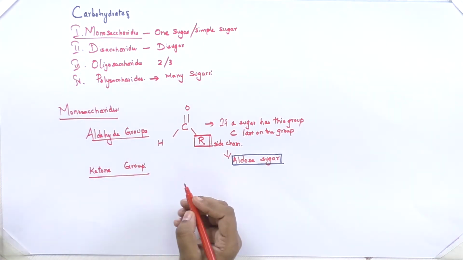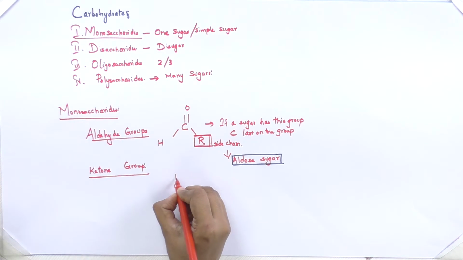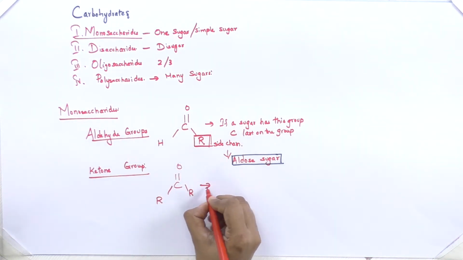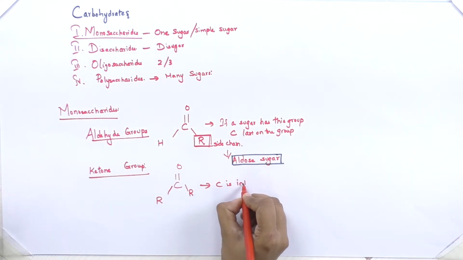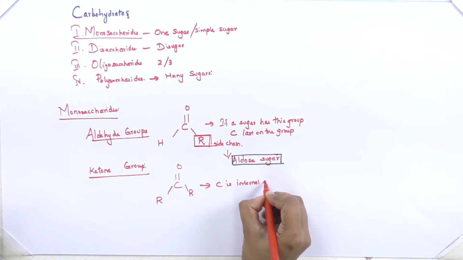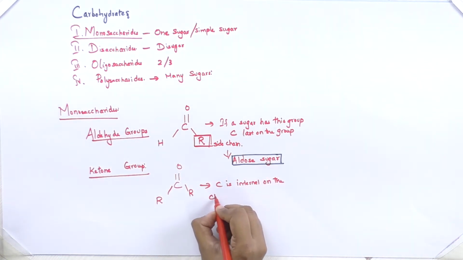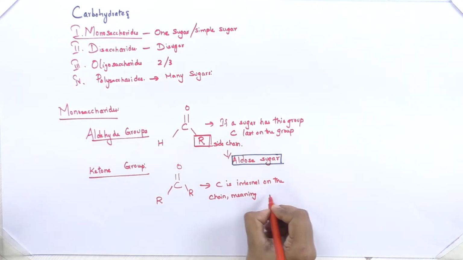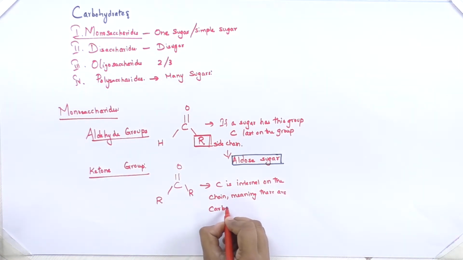Next, for the ketone group, the C is central, or internal, on the chain, meaning there is carbon on both sides.